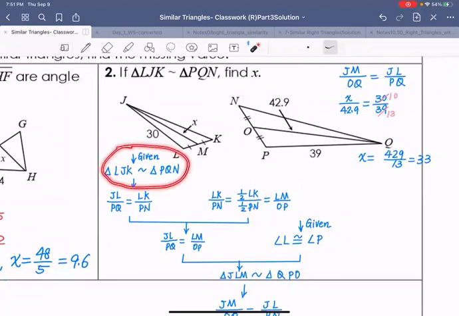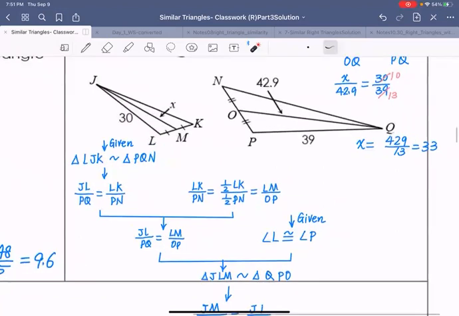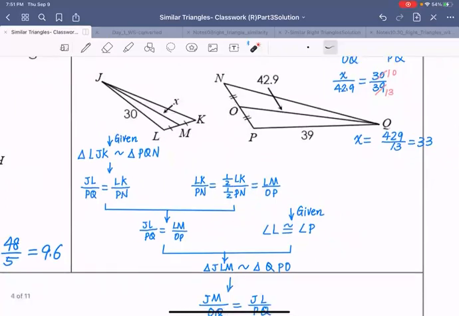Can you please read this? LJK is similar to PQM. This is because of the given. Go ahead, read it. JL over PQ equals LK over PM.